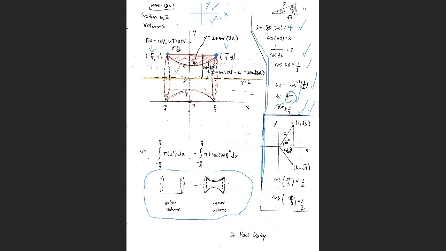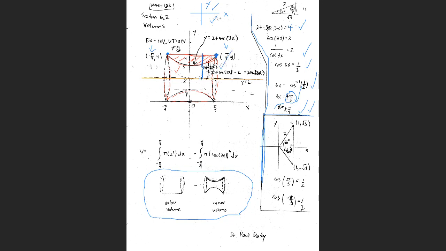Okay, so now we get to the radius. There are two radii, an outer radius and an inner radius. The outer radius goes from the axis of rotation, which is 2, all the way up to the outer function, which is 4. Well, 4 minus 2 equals 2.